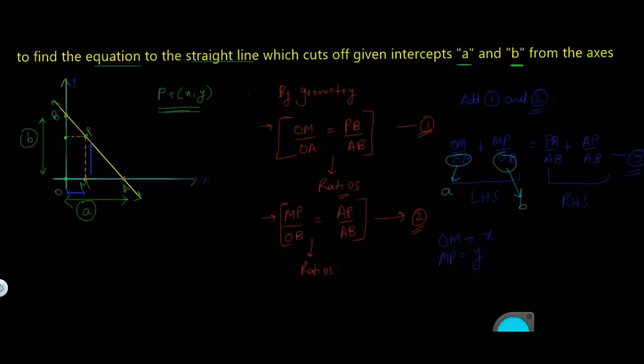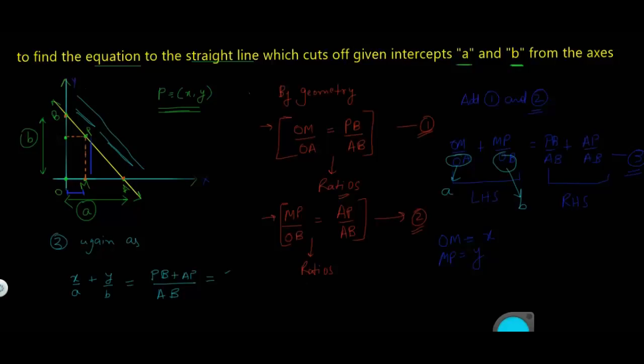So we can write 3 again as x divided by a plus y divided by b is equal to PB plus AP divided by AB, which we get as PB plus AB. So PB, this thing here, plus AP, this thing here, is equal to AB.